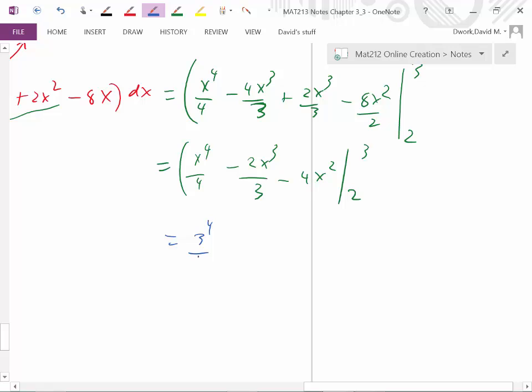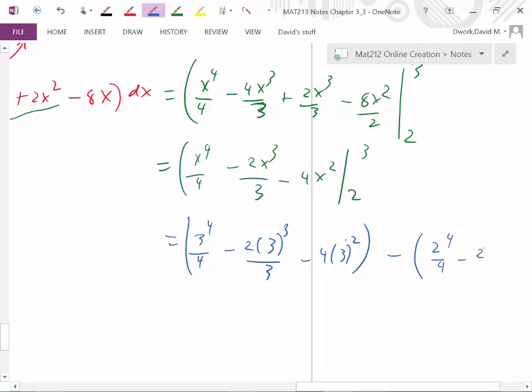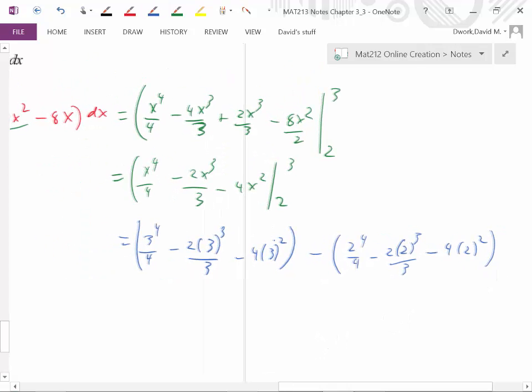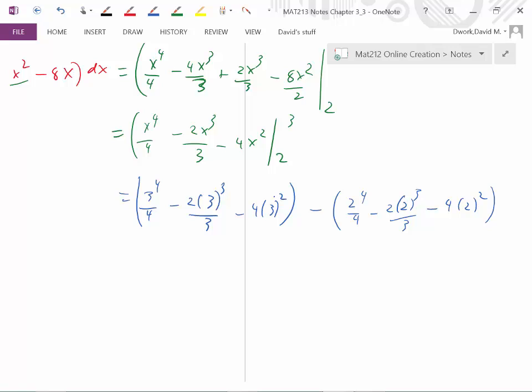So 3 to the 4th divided by 4 minus 2 times 3 cubed divided by 3, and then minus 4 times 3 squared. All of that minus 2 to the 4th divided by 4 minus 2 times 2 cubed divided by 3 minus 4 times 2 squared.